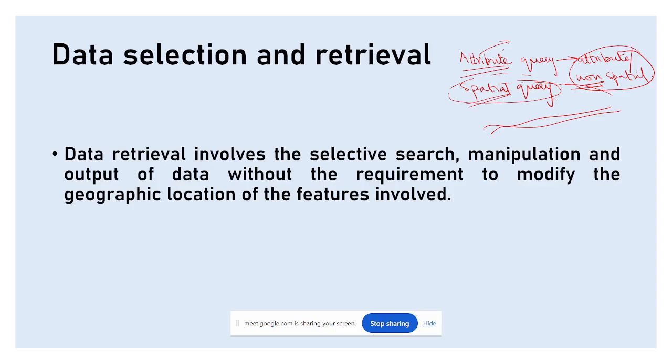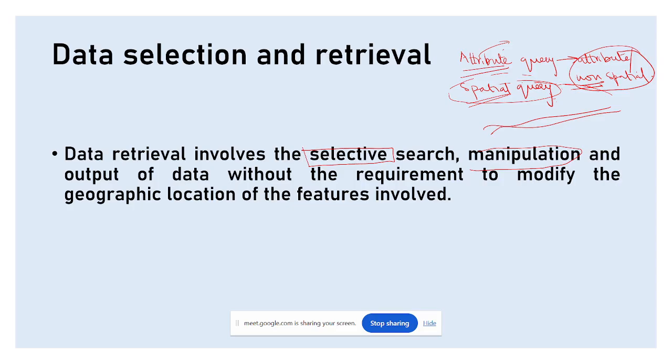So what we actually do is we are selective. This is very important. We are selectively searching, we are manipulating the data a little bit, and basically we are not modifying the location as such. Let's say you have a box with 100 balls of different colors, and you're just requiring red colored balls.